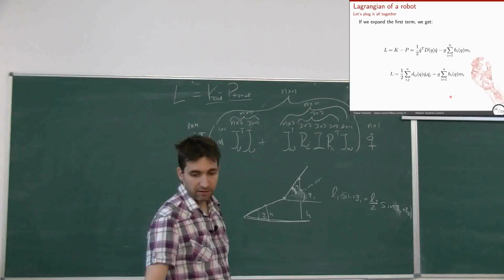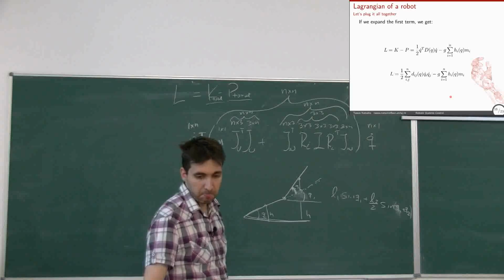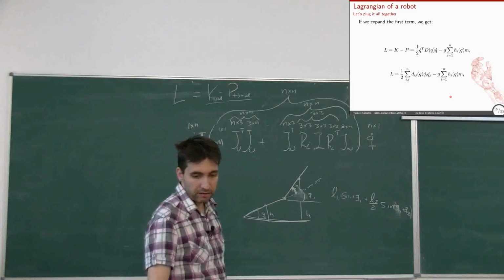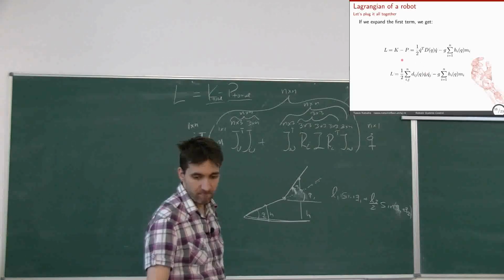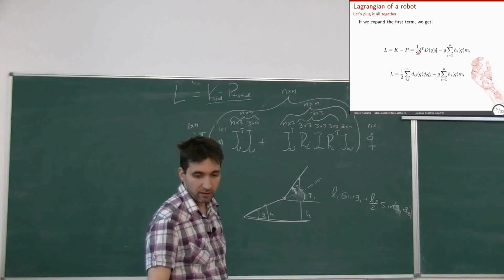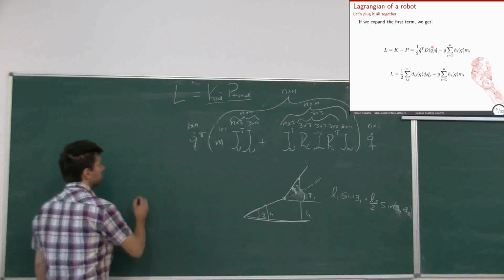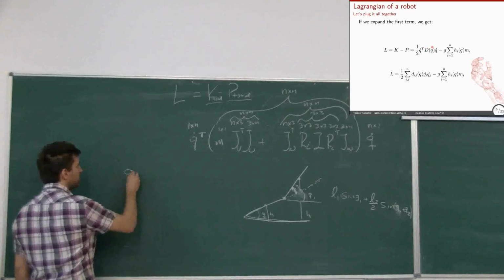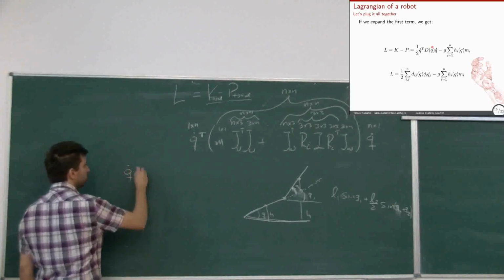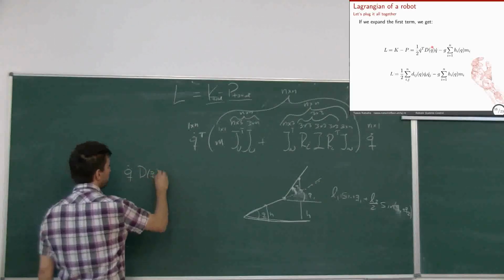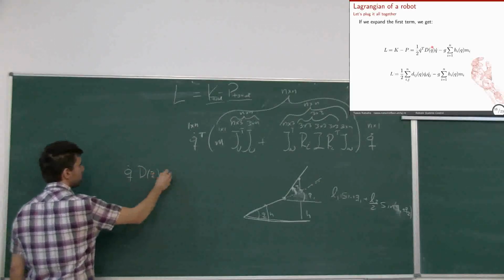Another way to write this is like this. Now, here what I do? I take each term of this matrix D. Basically, when I have equations with matrices inside, let's say this equation, Q dot transposed D Q dot, let's just focus on this part.